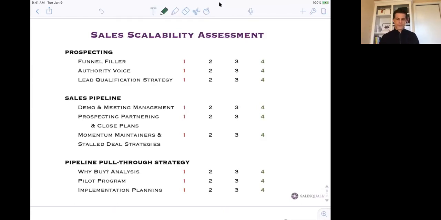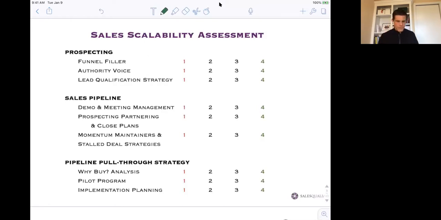That would be a 4. So 1 is like a new lead is a surprise. A 4 is, the lead channel's working. It's predictable. It's consistent. I don't even have to worry about generating leads. I feel really good about getting leads into the top of the funnel. 1, 2, 3, 4. Just go ahead and circle that.